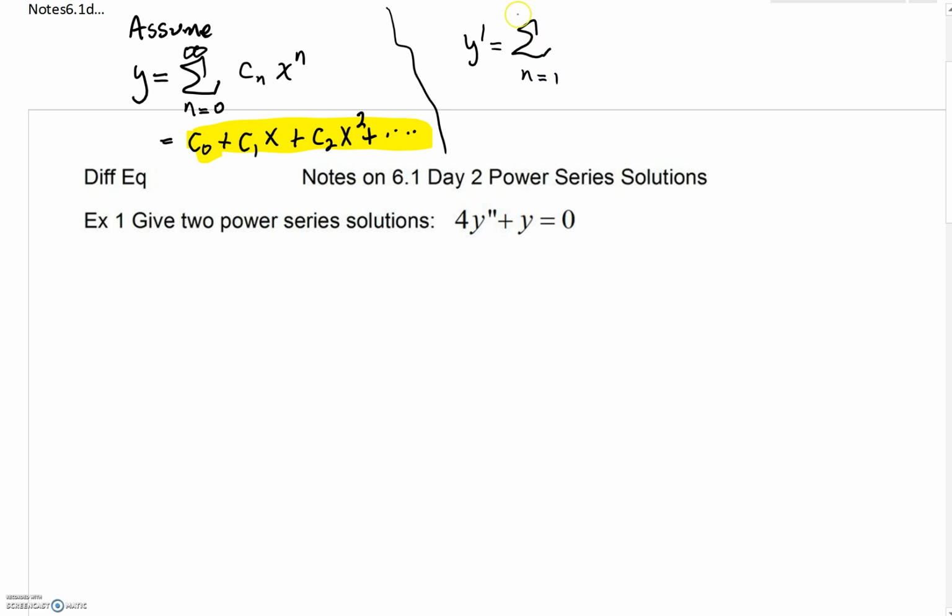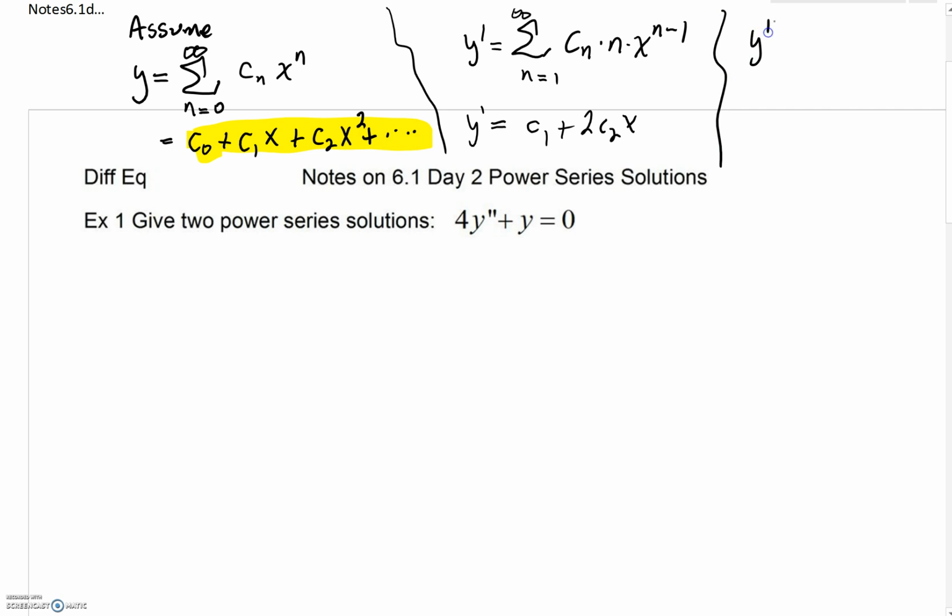Of course, you're going to lose that 0 term, and then you just take your derivative, and it's going to look just like so. And if you really wanted to double check that, you could. You plug in a 1, you'd get c sub 1 times 1, and then that's x to the 1 minus 1, which is a 0. You plug in a 2, you'd get 2 c sub 2, and x to the 2 minus 1 is just an x. And you can see that's what you'd get term by term.